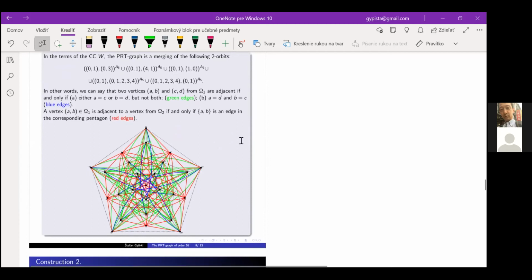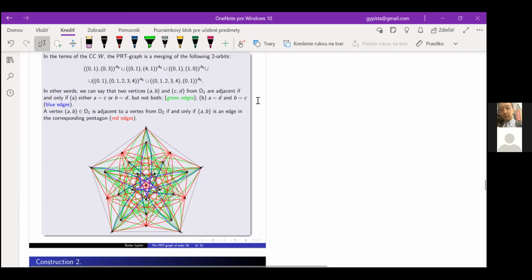I think much nicer description is that to say that when 2 ordered pairs are adjacent in this graph, it will happen exactly when they are sharing precisely one coordinate, or if the two pairs are just transposed to each other. So in the first case, when they are sharing precisely one coordinate, the corresponding edges on the picture are displayed by green edges.